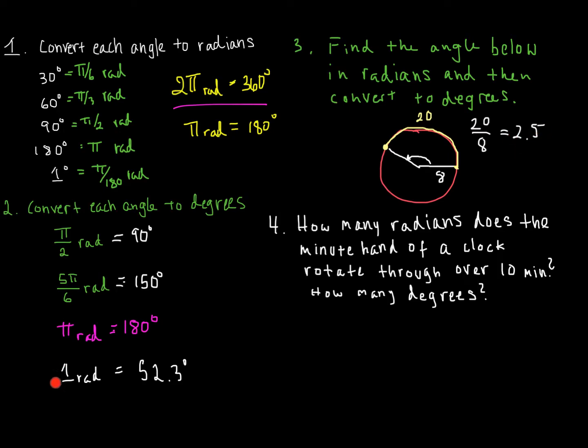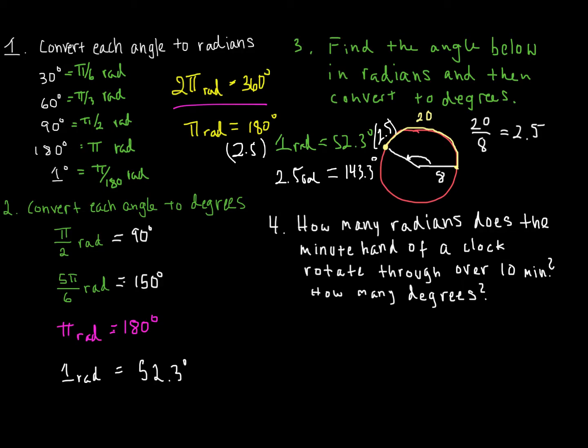And so I can use the fact that 1 radian is 52.3 degrees, and I want to know what 2.5 radians are, so I multiply by 2.5 on both sides, and this will tell me that 2.5 radians is approximately 143.3 degrees.